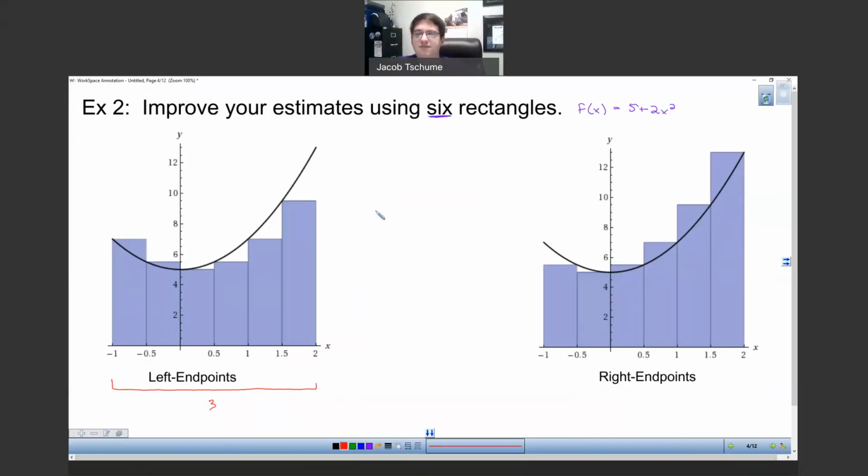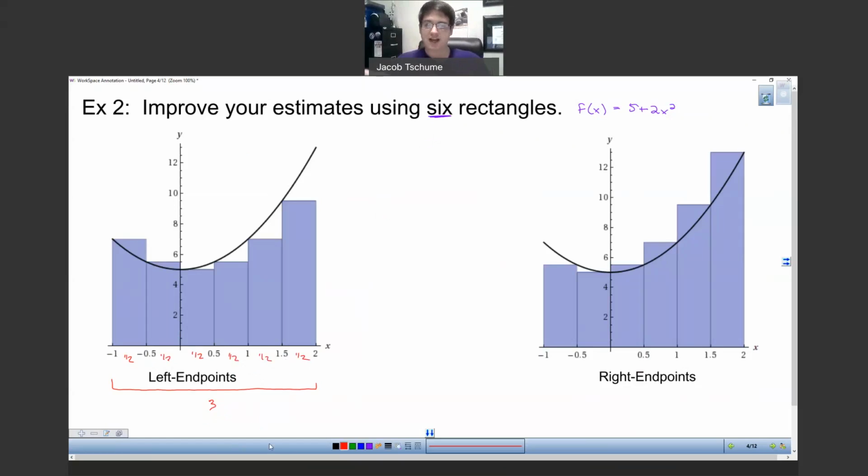But since I have to divide this up into 6 rectangles, if you were to take the length of 3 and divide it by 6, you're going to get half unit increments. So all of these rectangles are going to have a width of 1/2.